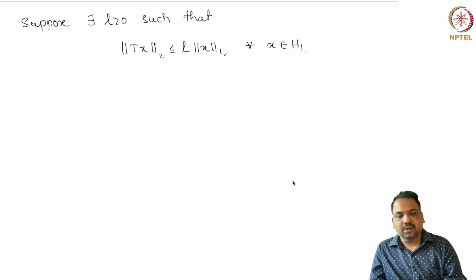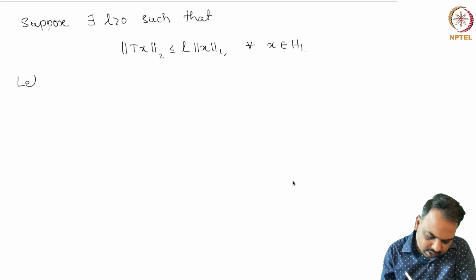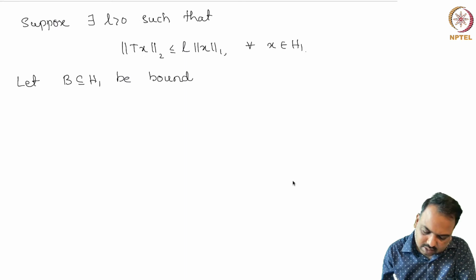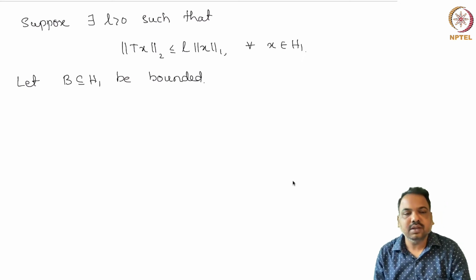Okay, so let us start with a bounded set. Let B be a bounded set. So we want to show that T of B is bounded.